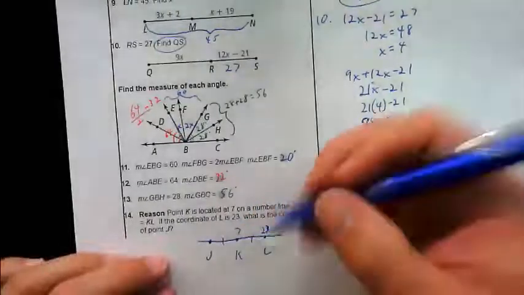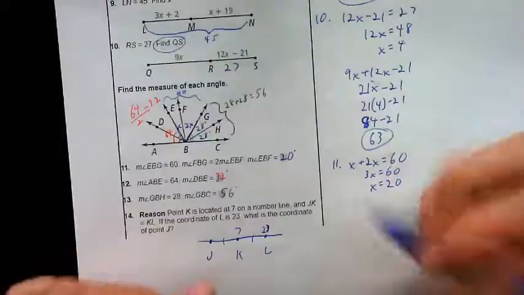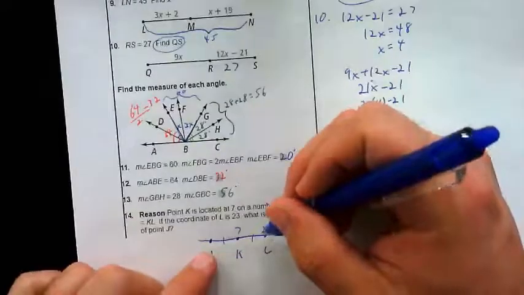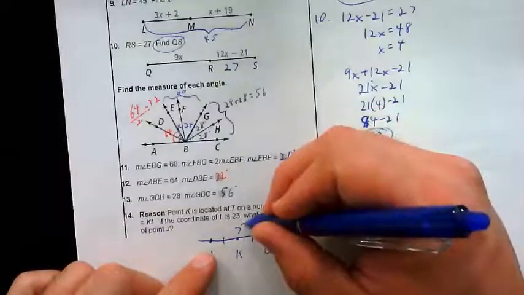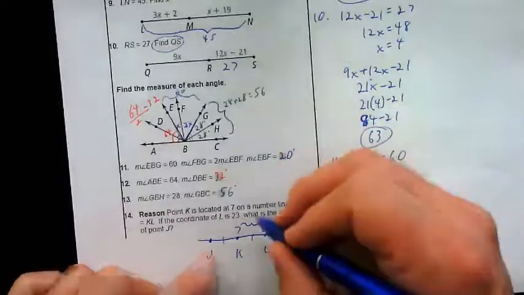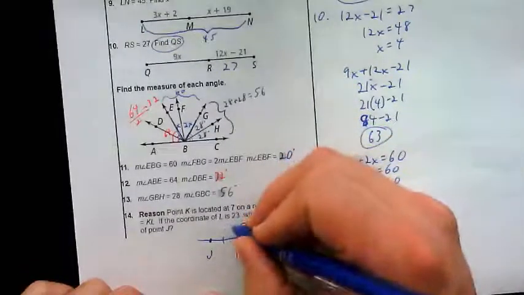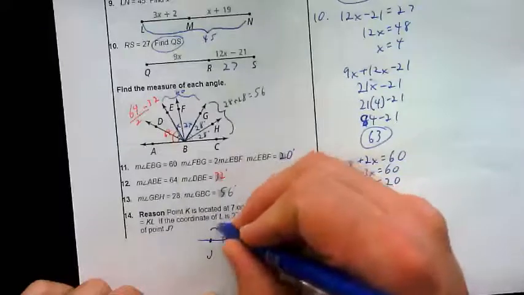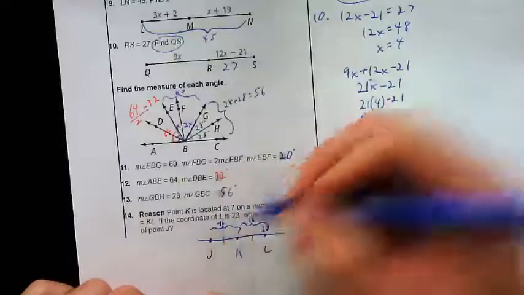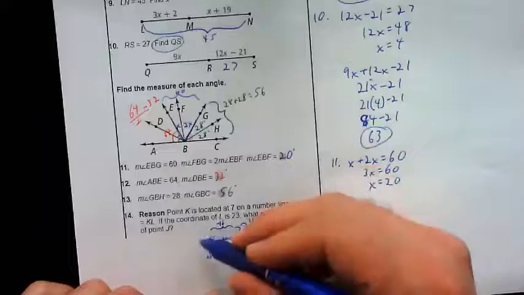So if we're going the opposite way here, the difference between 7 and 23 is going to be 16. So we have to go 16 in the opposite direction. We're actually going to have to subtract 16. We're going in a negative direction.